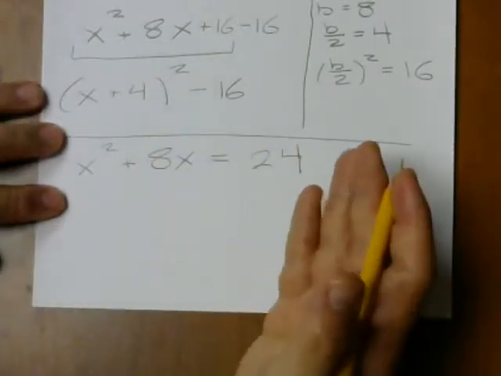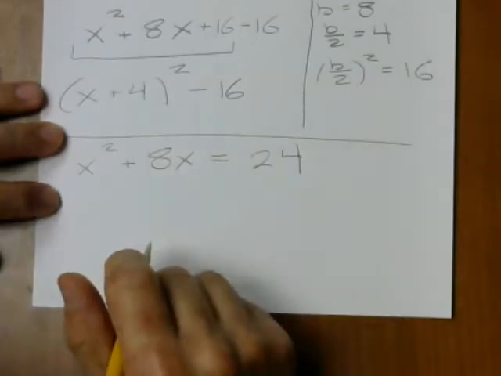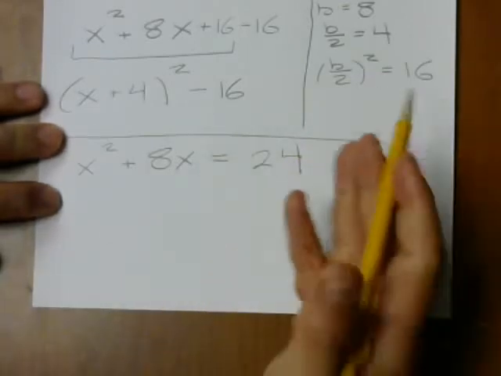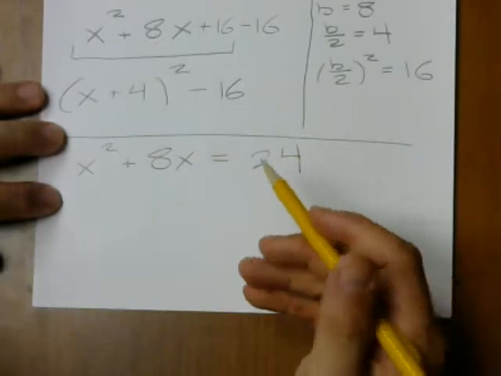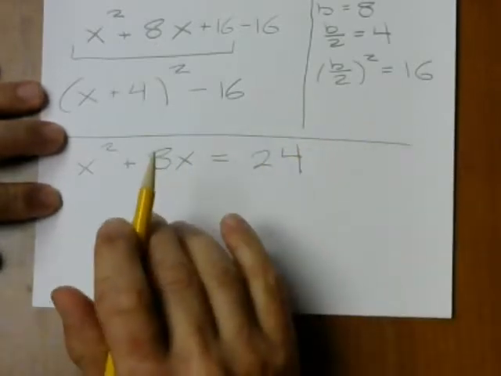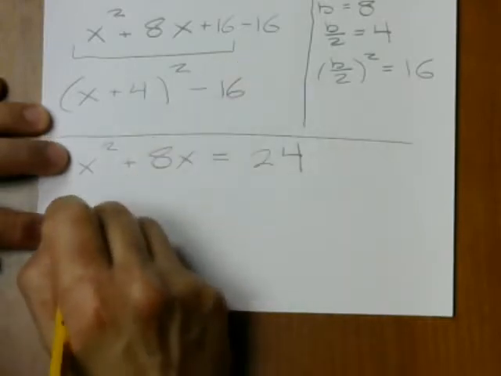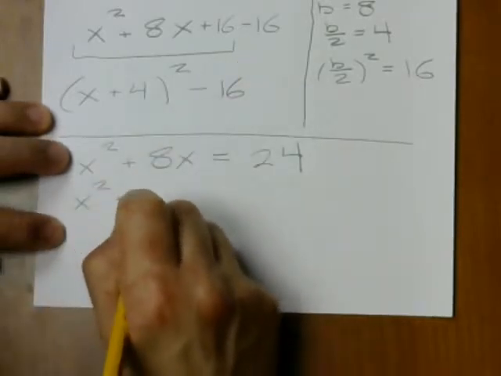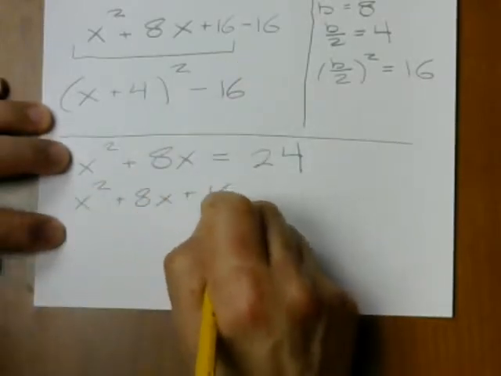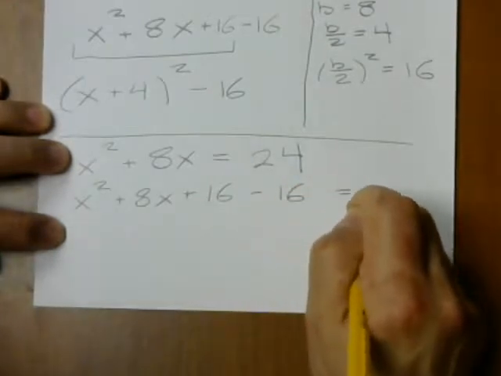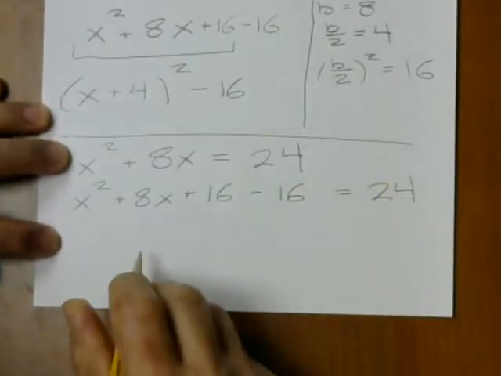What can I do? Well, I could move the 24 over to the left and try to factor. 24 has a lot of factors. Maybe it'll work. Maybe it won't. What I could do is use this method and rewrite. I have x squared plus 8x plus 16 minus 16 is equal to 24.